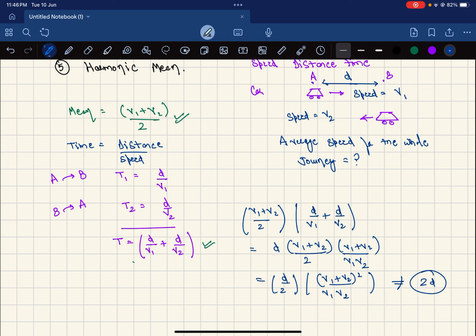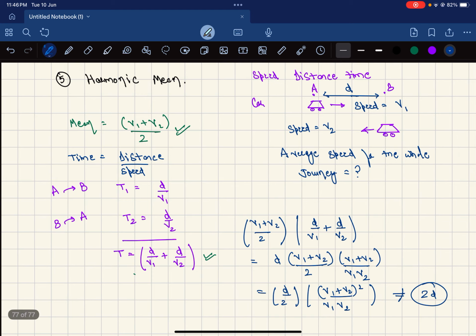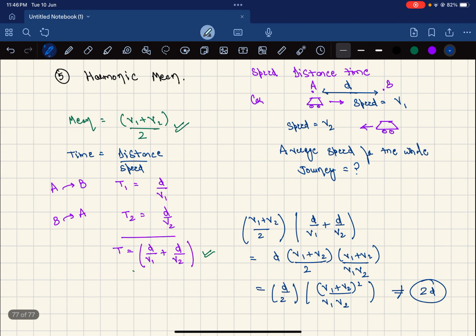Since we multiplied the total time with the average speed and we are not getting the correct distance which was traveled, which was 2d, this is not the correct mean speed one can have here.